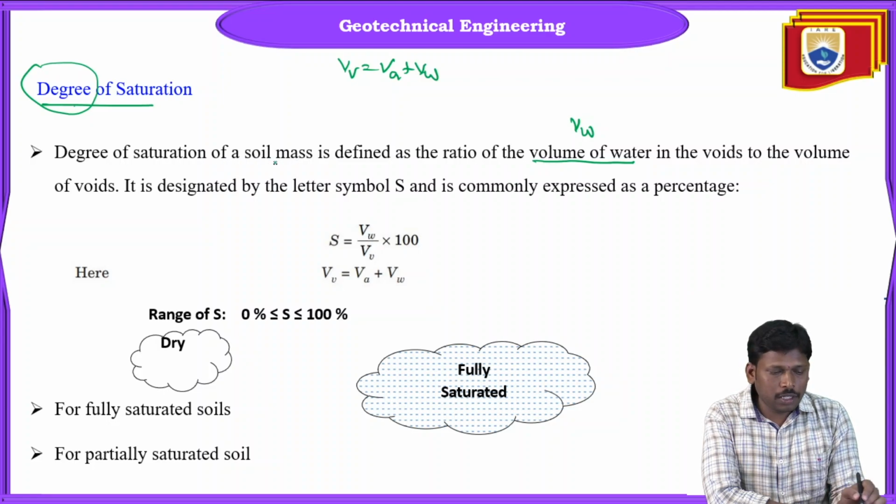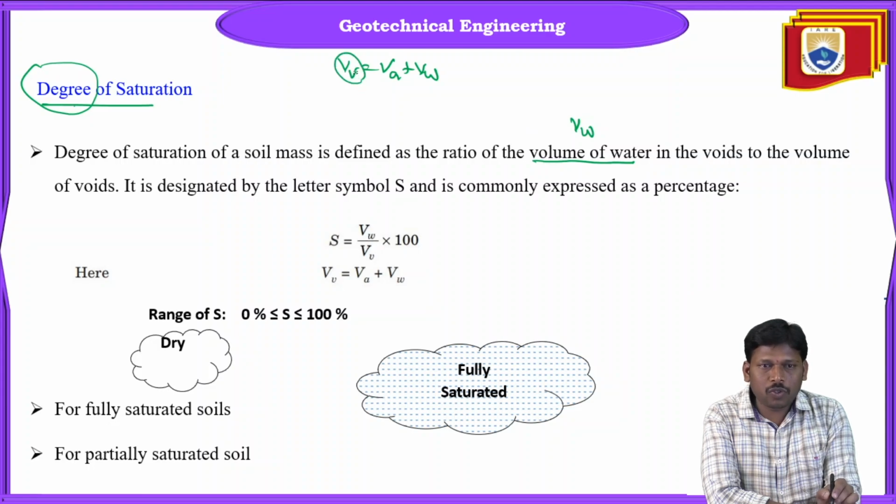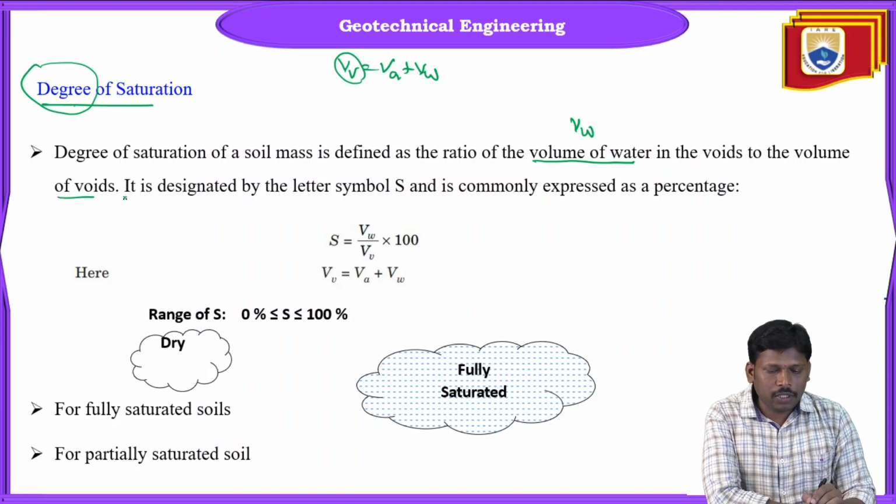The degree of saturation of a soil mass is defined as the ratio of volume of water in the voids to the volume of voids, with respect to the voids only. As I said, volume of voids is equal to volume of air plus volume of water.